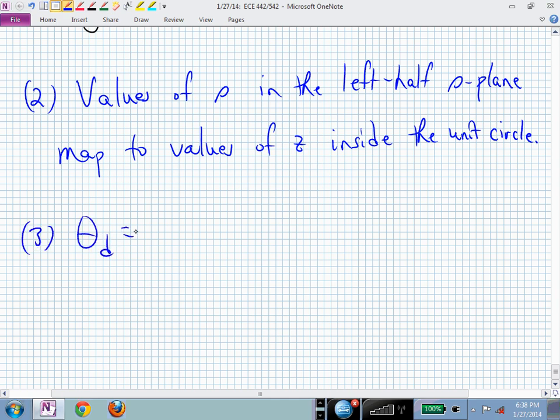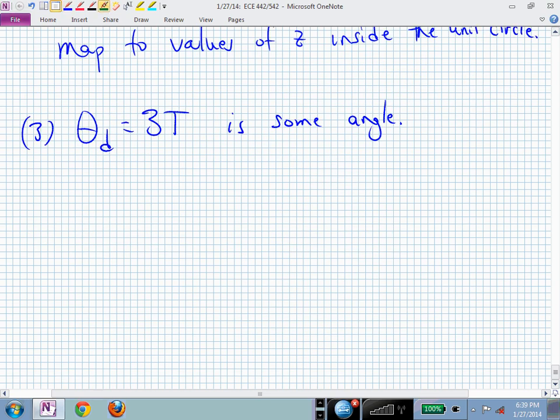We found that the angle of that complex number in the z-plane is ωT. And that angle, it's in radians, depends on whatever we pick for capital T. So if this was our z-plane, we've gone out some distance r.